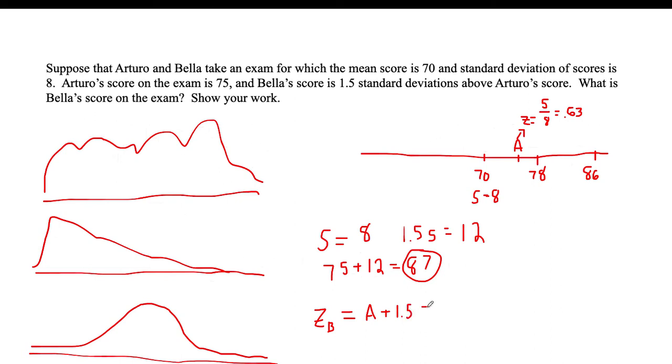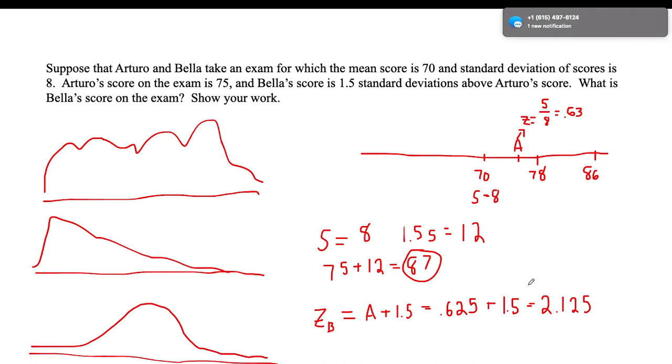Well, we already know Arturo's is 0.625. Plus 1.5, right? And that should give us 2.125. Did I do that? I hope I did that right. 2.125. Yeah, 2.125. So we know Bella's z-score is 2.125.